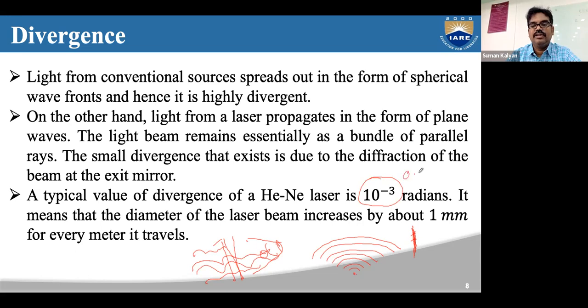One degree is pi by 180 radians, and it would not even be this much distance. Even I cannot draw this. But the divergence of the helium neon laser is 10 power minus 3.